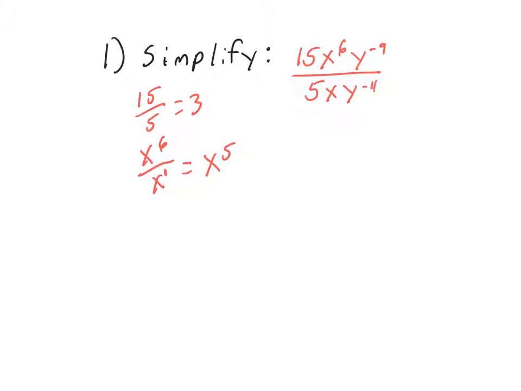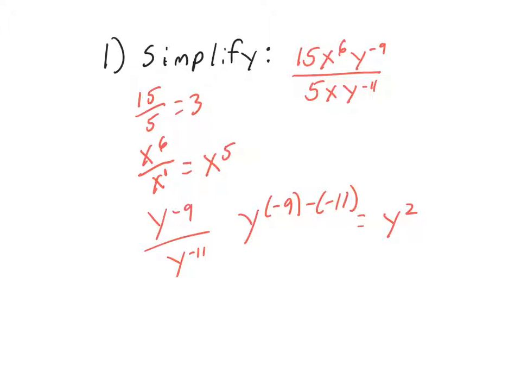And then we'll get y to the negative 9th over y to the negative 11th. So that's equal to y to the negative 9 minus negative 11, which is going to be y to the 2nd.